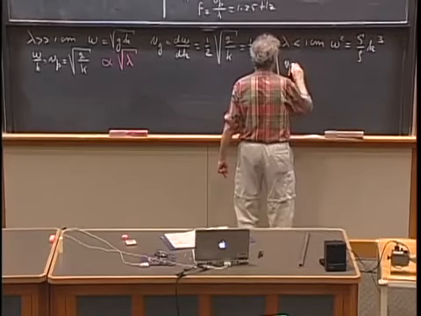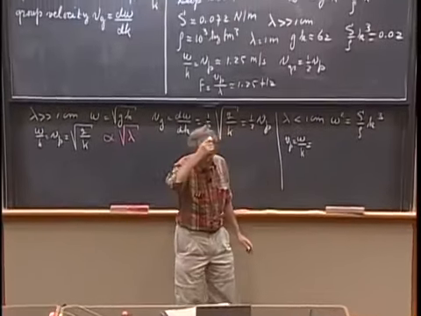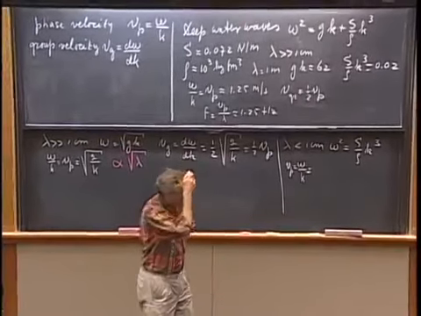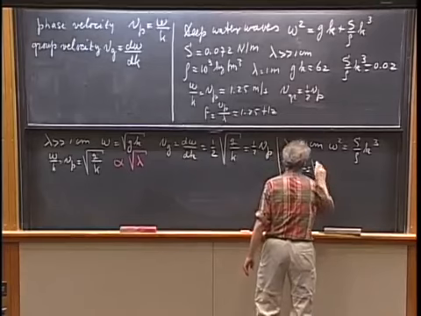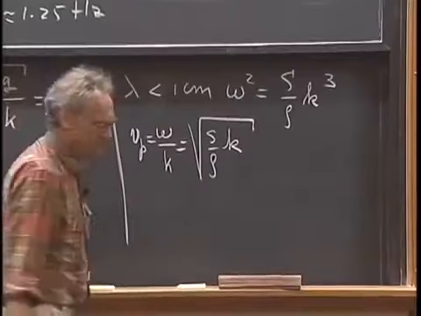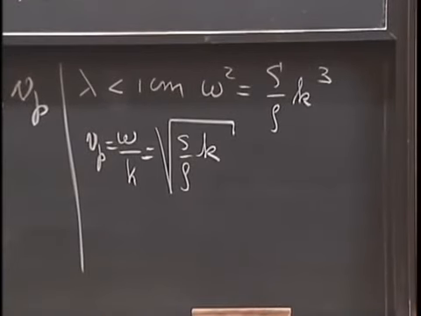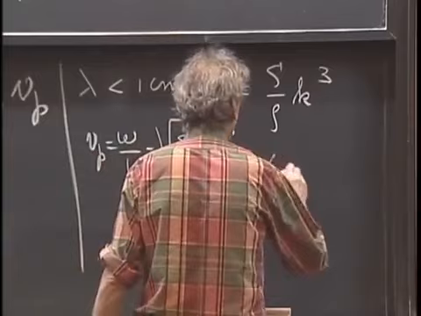So now the phase velocity, which is omega divided by k, is now the square root of S divided by rho times k, which now is proportional to the square root of 1 over lambda.